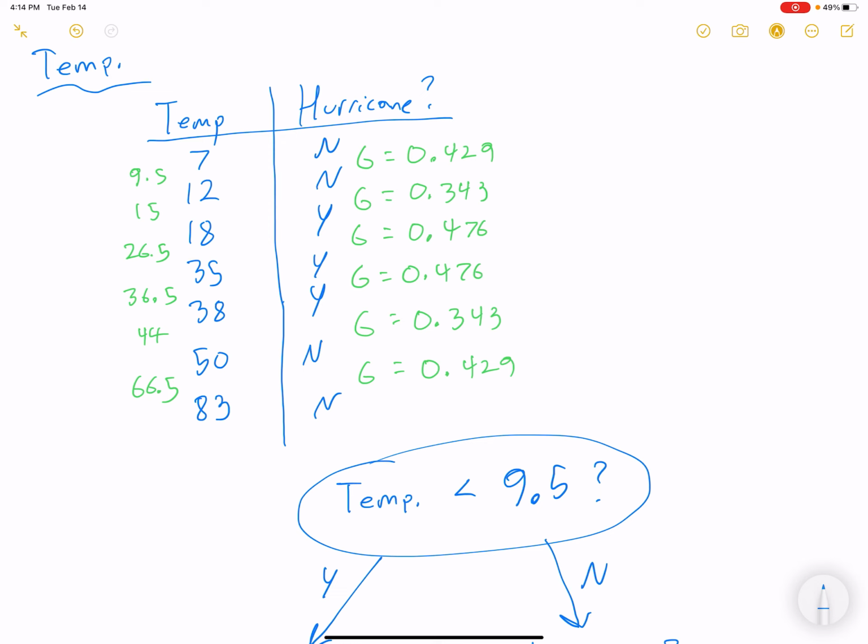I could do temperature less than 12, temperature less than 18? Yeah, you could. If you take averages, you're going to get more robust splitting values, but in principle, you could just take the actual values as well. It would probably end up working pretty similarly.